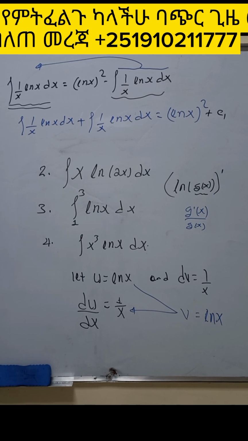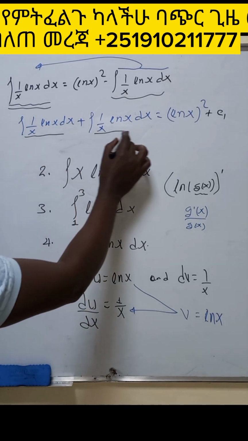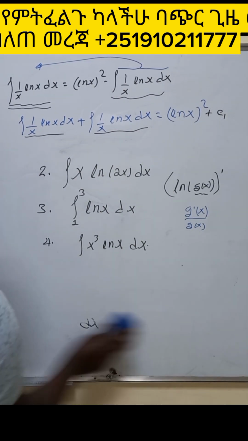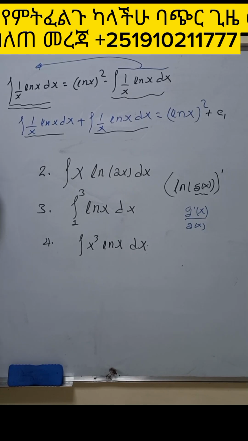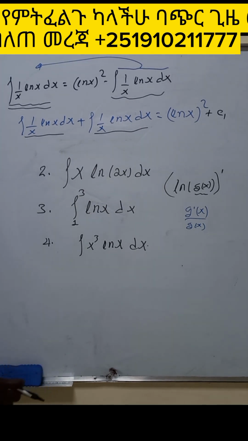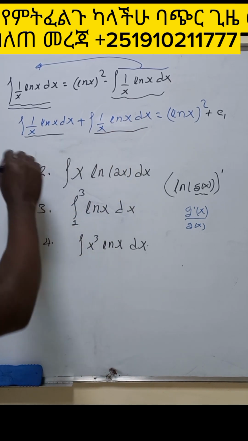Why do we write c1? For the integral of a function, we need a plus arbitrary constant, because this is an indefinite integral; if this problem were a definite integral we wouldn't do this. So when we add this and this, what happens? It's the sum of the two functions, like a plus a, which is 2a. So the integral of 1 over x ln of x dx plus the integral of 1 over x ln of x dx is twice that.